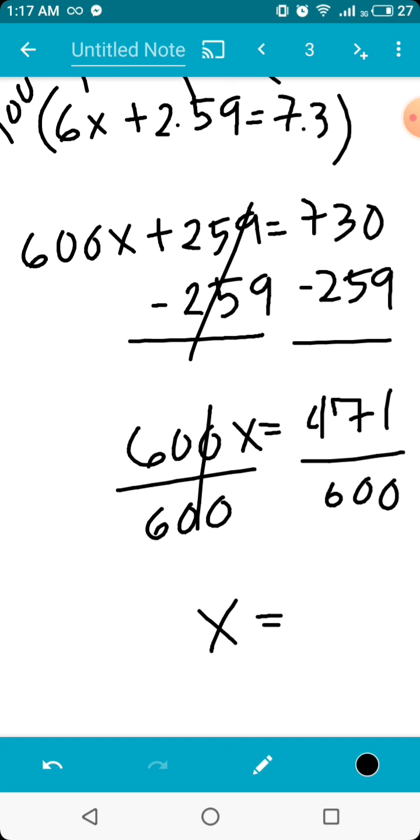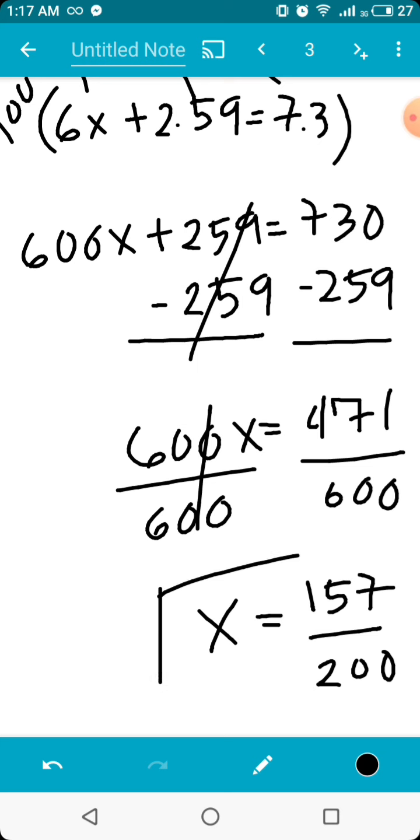So, yung x na 471 over 600, may lowest term pa siya. So, pwede nating i-divide parehas yung 471 tsaka 600 by 3. So, magiging 157 over 200. Okay? So, ito na ngayon yung value ng ating x.